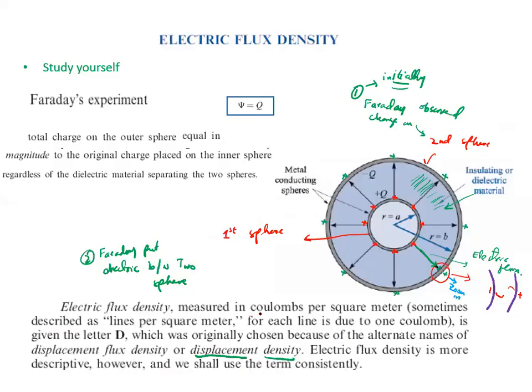And read it out from the book. The inner sphere has a radius of a. So what is the area of the inner sphere?